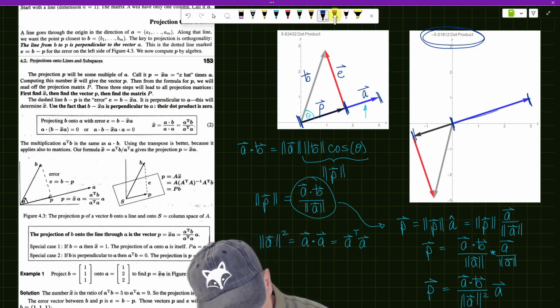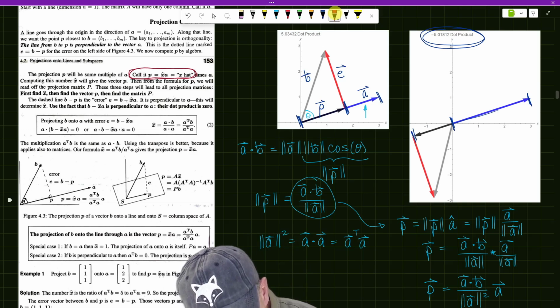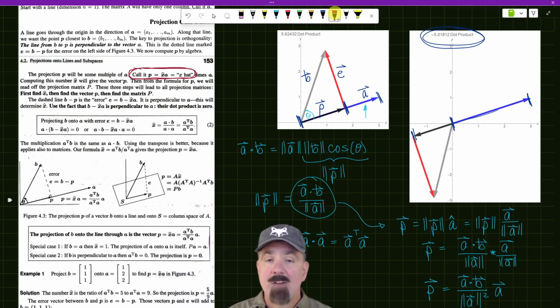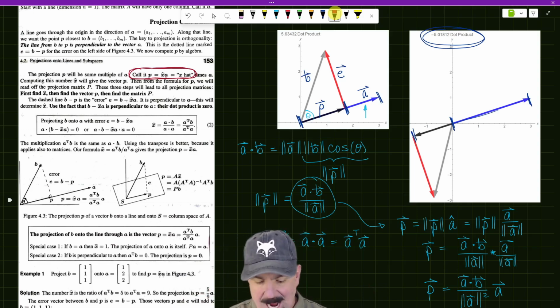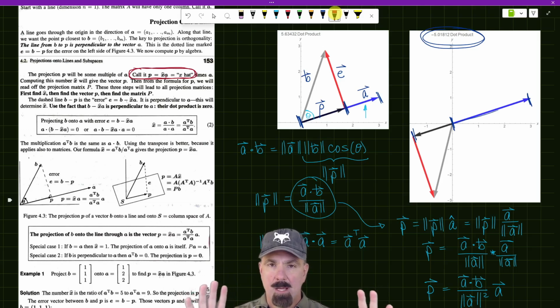Let me talk just a little bit about something that Strang talks about here. We're going to call the projection vector, it's obviously some scalar multiple of A, the vector that we're projecting onto. Could be negative because it could point in the opposite direction. He calls it x hat. We've already reserved x hat to be something else.